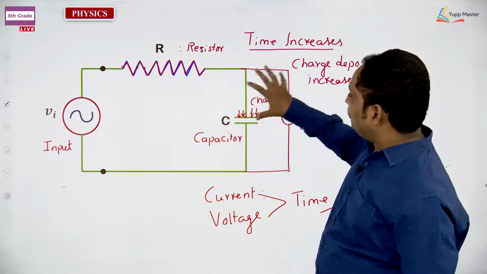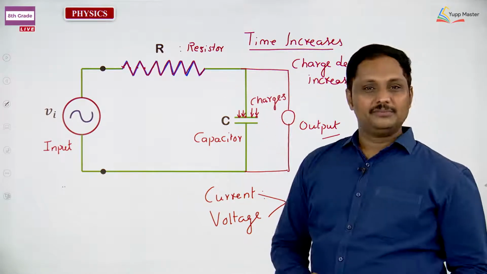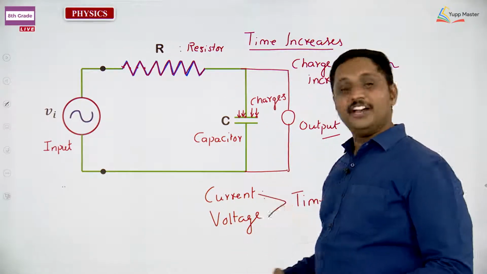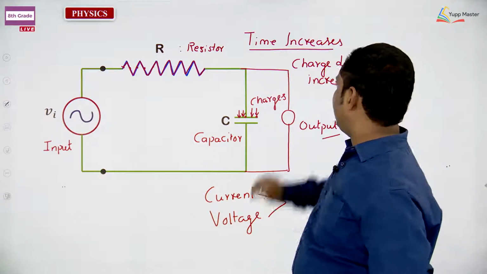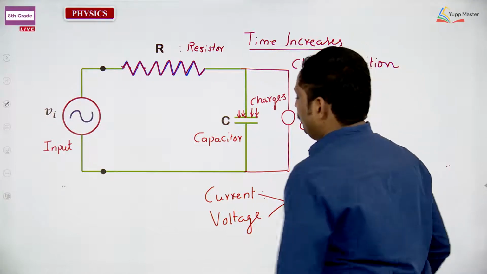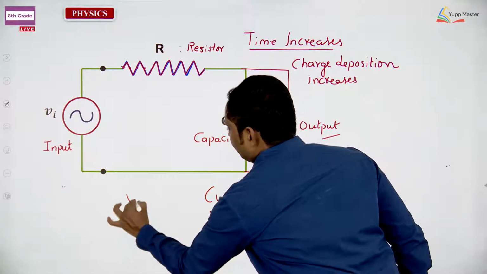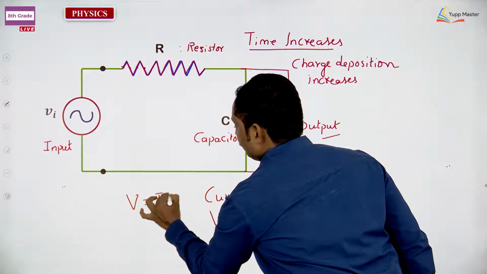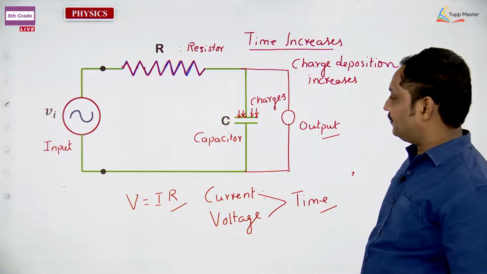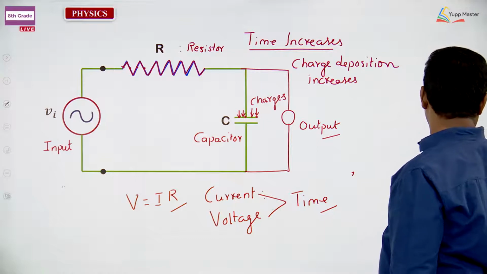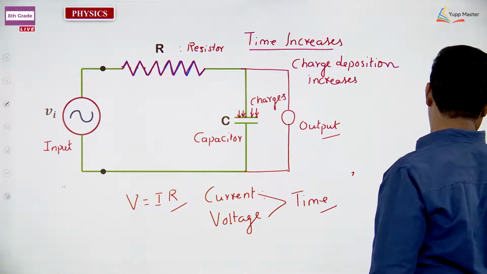If you take this phenomenon, we have given the voltage and we are obtaining the current, which has been measured with the instrument. Now you can take the basic law, that is V is equal to IR, right? This is very clear.